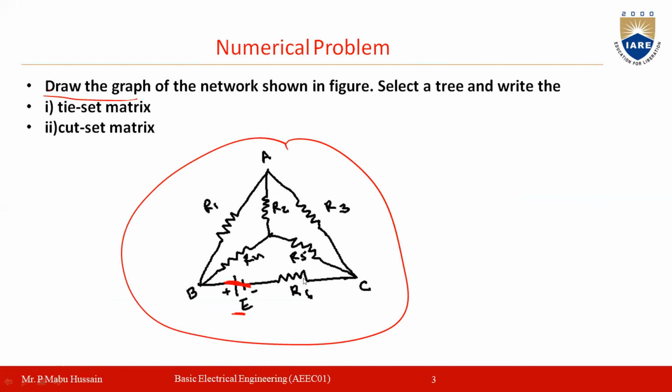Then all the passive elements, here resistors, are replaced by line segments. So if you draw the graph, how can you represent it? The graph will have all the nodes in the network.